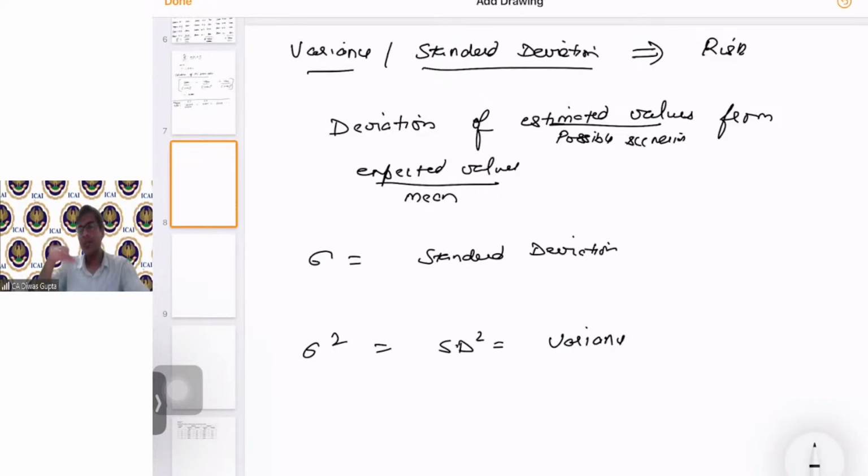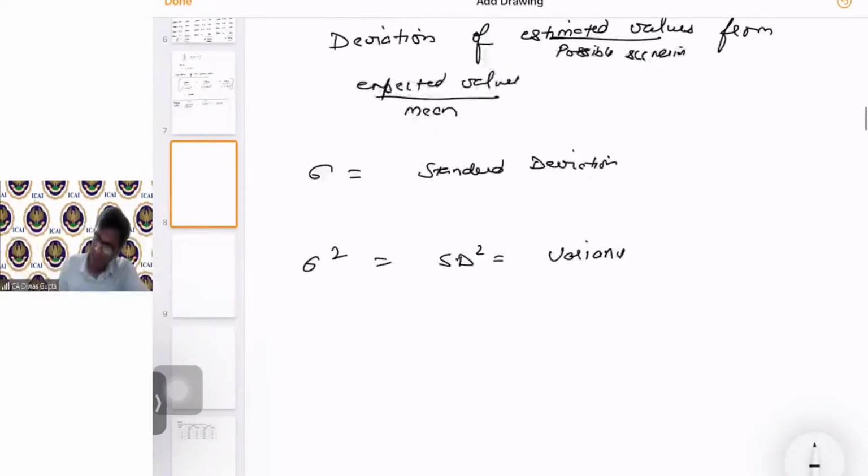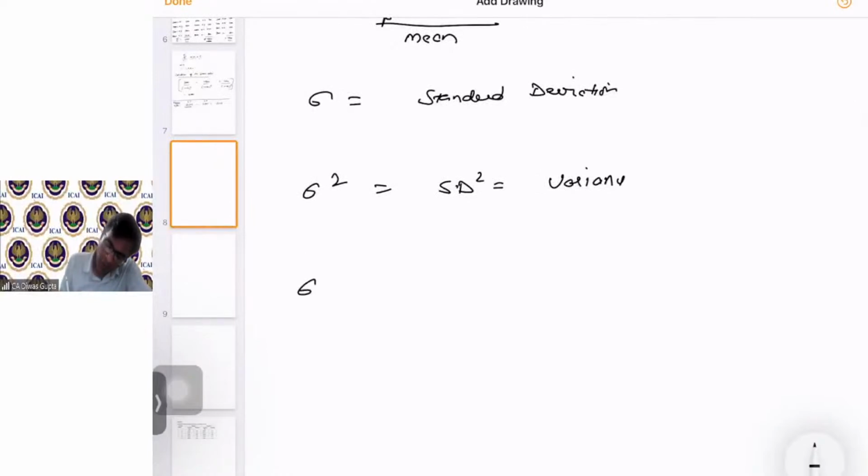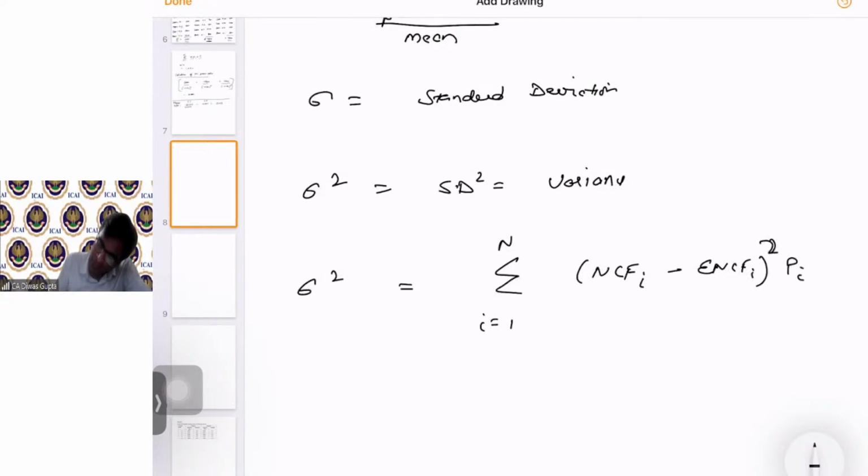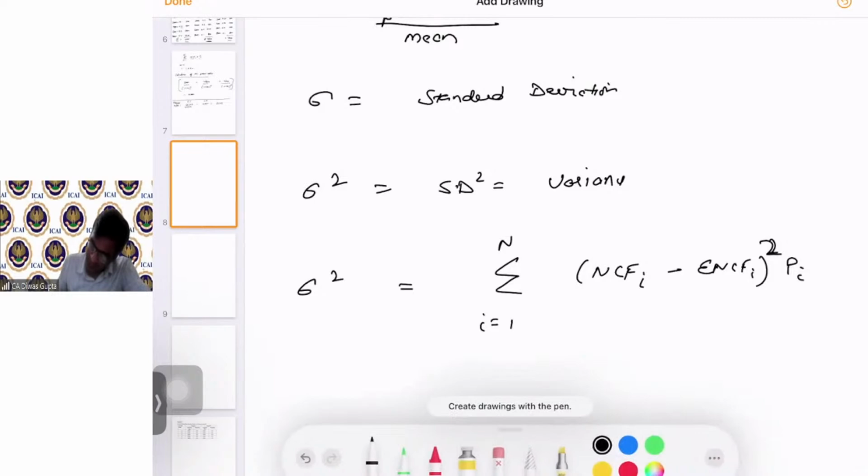Variance is the square of standard deviation. Now for variance, we can actually write this: net cash flows minus expected net cash flows, raised to the power 2, multiplied by probability. I will explain this.